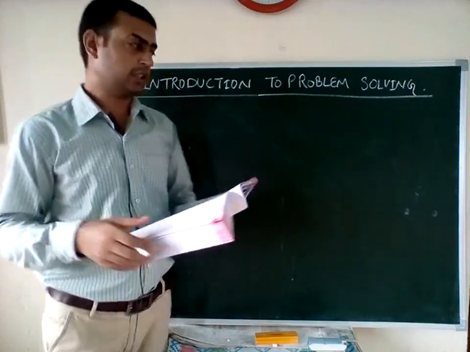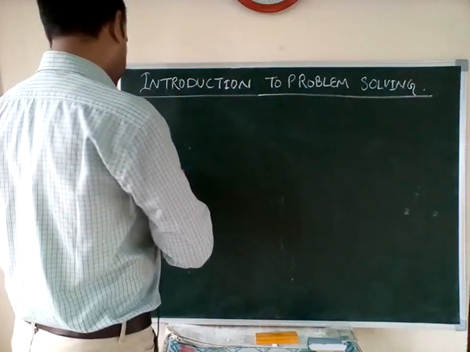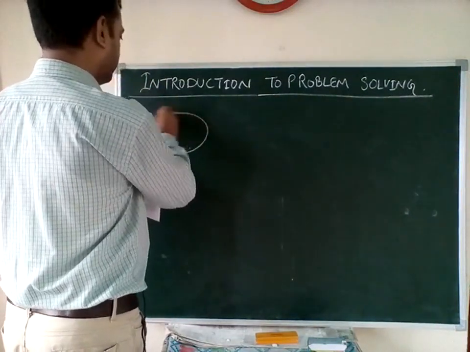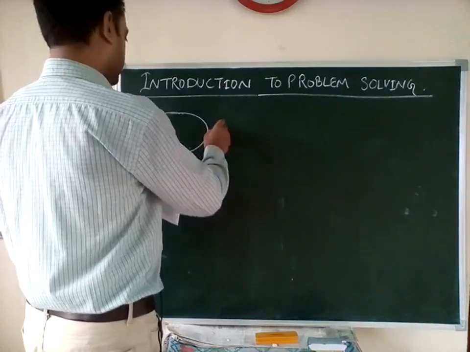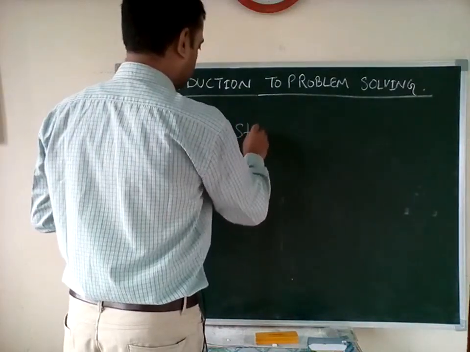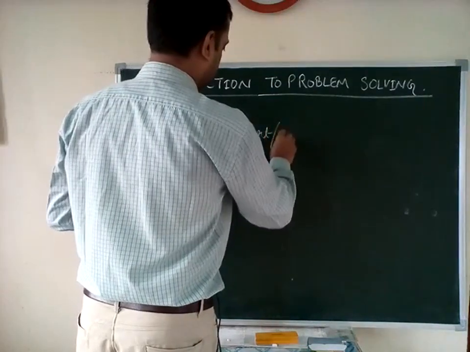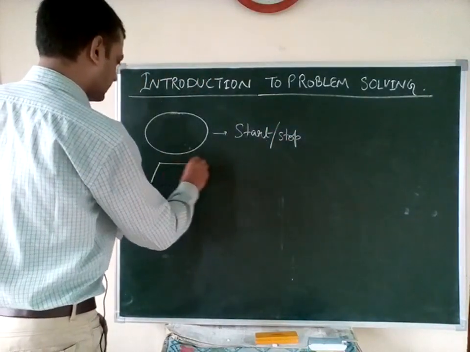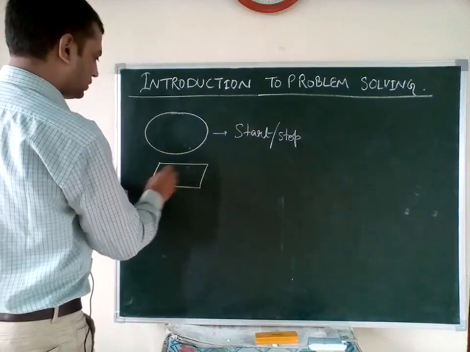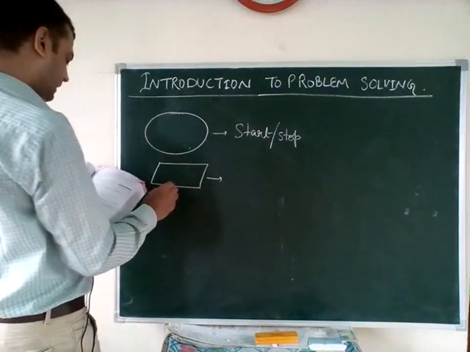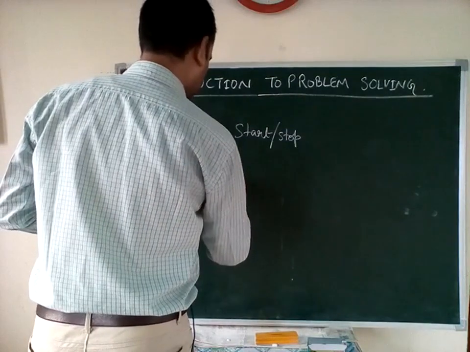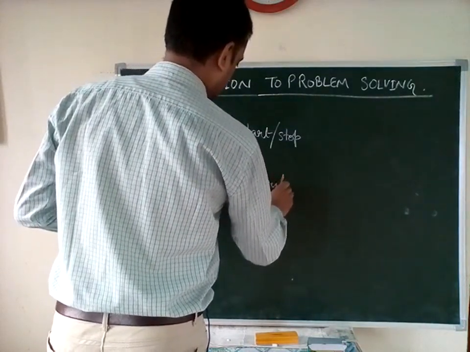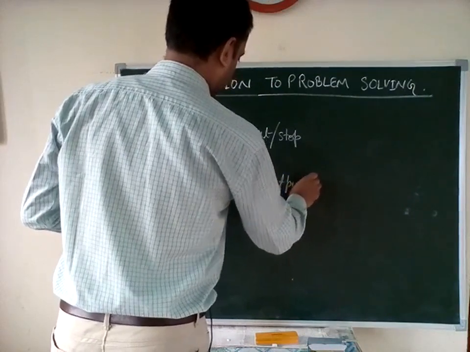Now in this flow chart there are several components. First, whatever you will write in this kind of oval, this is called start/stop. Then if this kind of box you are using, you are writing something inside it, this will represent input/output.